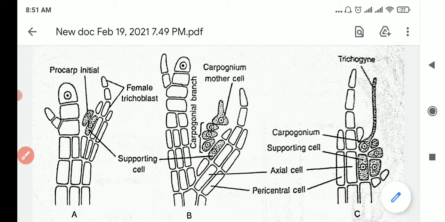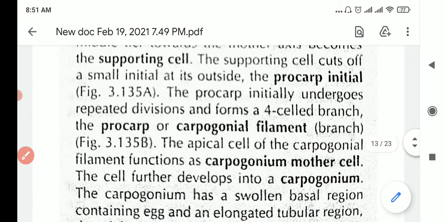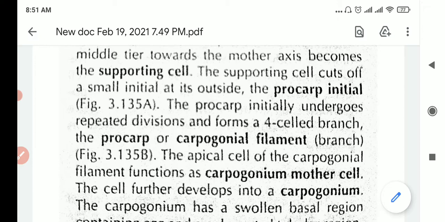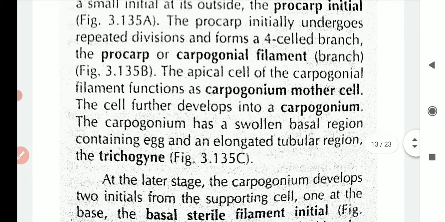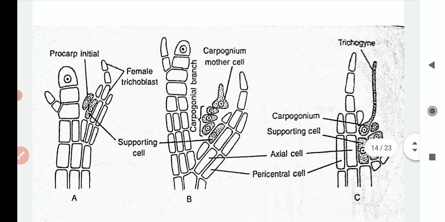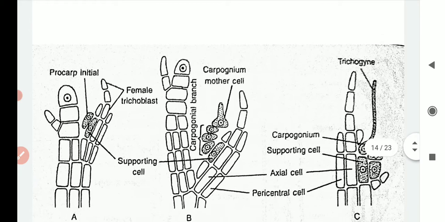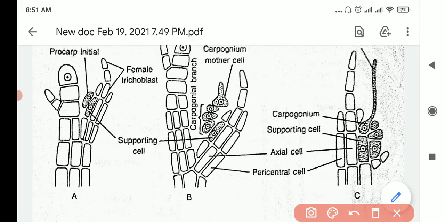Let me go up again. Then the topmost cell of the carpogonial filament will function as the carpogonium mother cell. Okay, so the topmost cell of that carpogonial branch, I think you can see it.